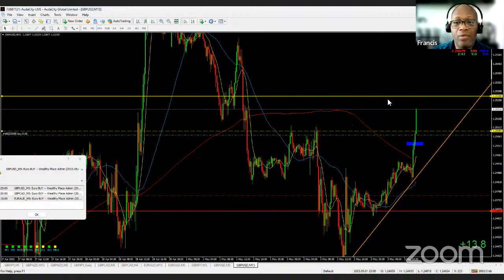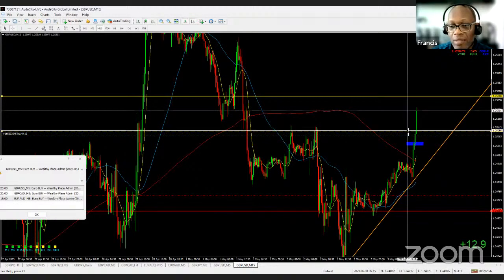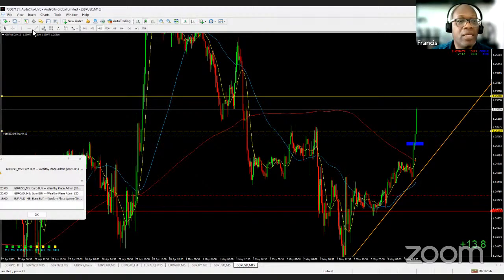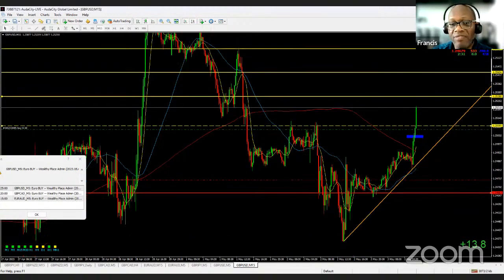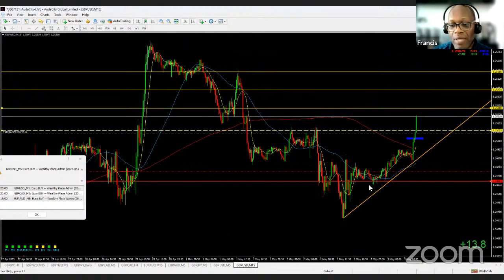Okay, so we'll be targeting there as TP1, and then the next high maybe, and the next high. So the different highs are to be noted. They are noteworthy.